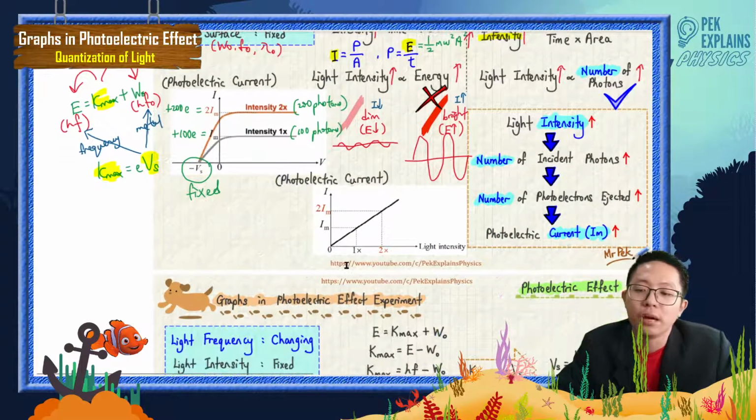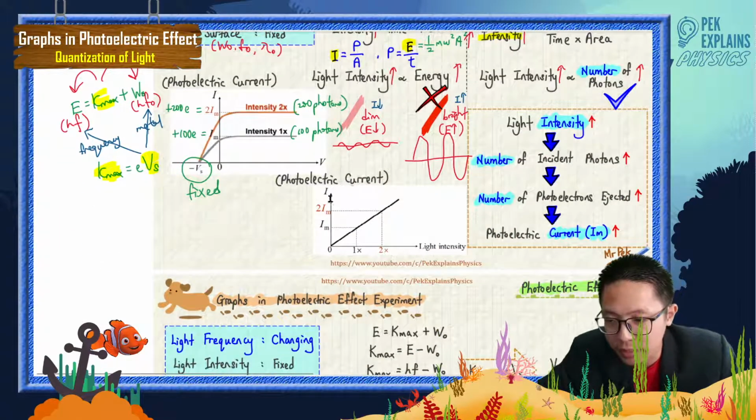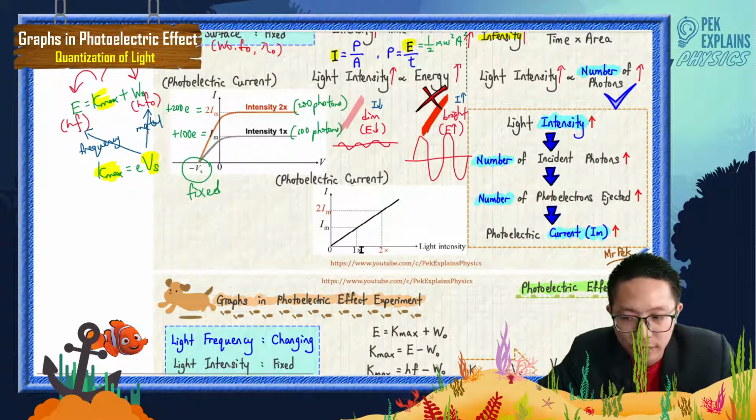Now how about this graph? This one is about photocurrent with intensity. The higher the intensity, the higher the saturation current. 1 times intensity means 1 times the saturation current. 2 times intensity means more photons coming, which can eject more photoelectrons, more photocurrent.